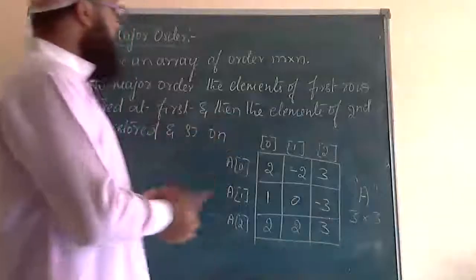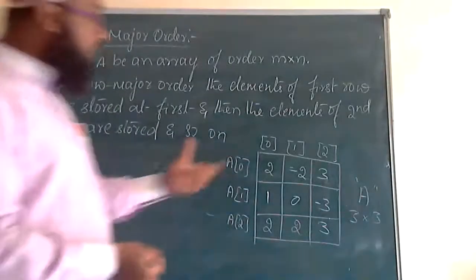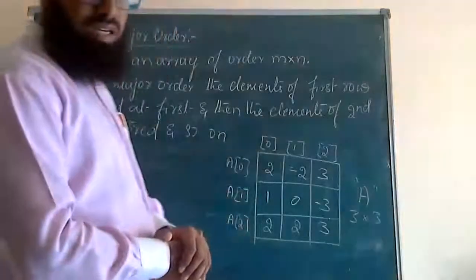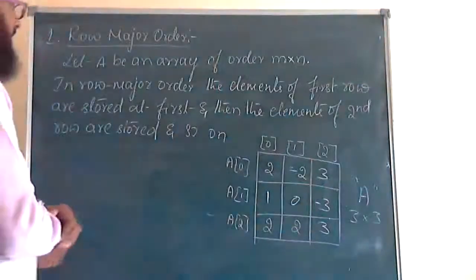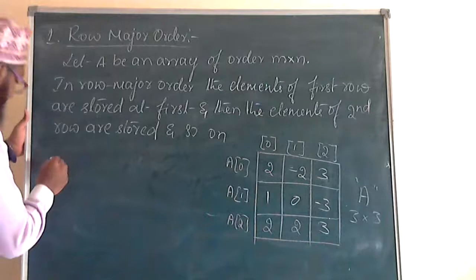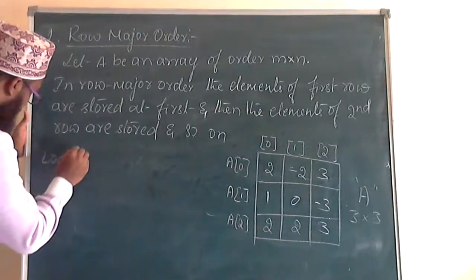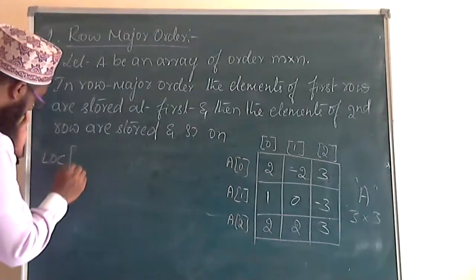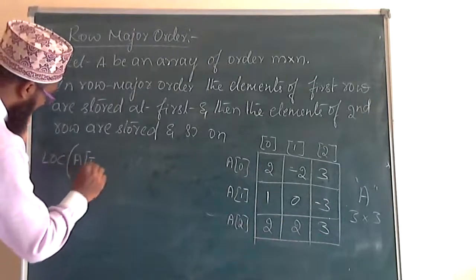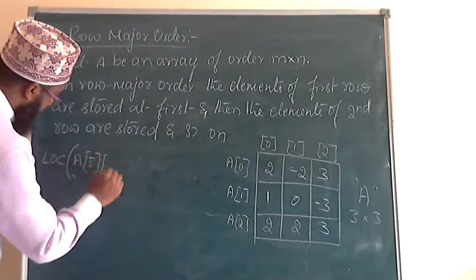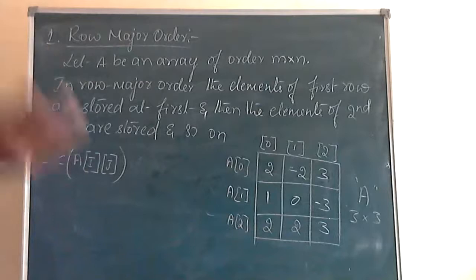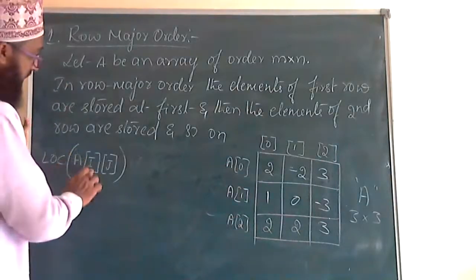Now we have a formula to find the location of an element in a two-dimensional array. Just like in a one-dimensional array, here the formula for row order is a little bit different. Take the formula as location of A of i, j. Here a pair of indices are there, 2 subscripts.